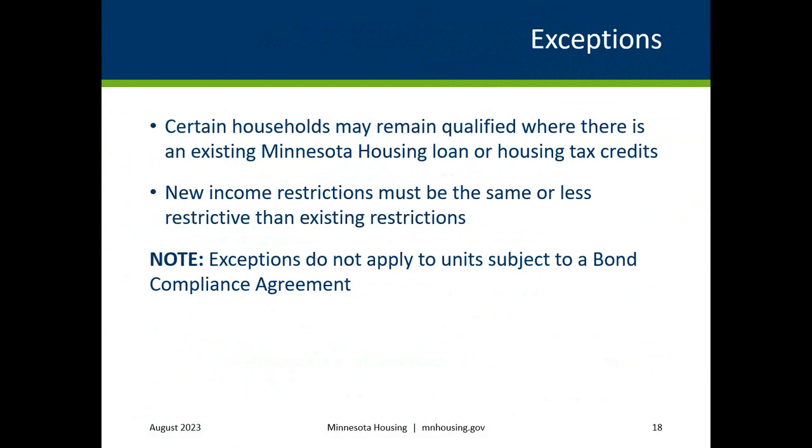For bond compliance, 40 units must be fully income verified and certified and meet the 60% MTSP initial income restrictions according to the requirements and timelines in the bond compliance agreement. The remaining 60 units occupied by households who are income qualified for the 60% MTSP housing tax credit restriction will be automatically considered in compliance with the 60% MTSP HIB loan income limit upon closing.